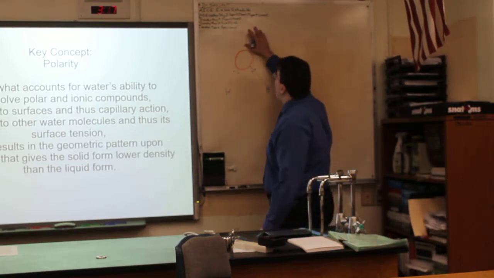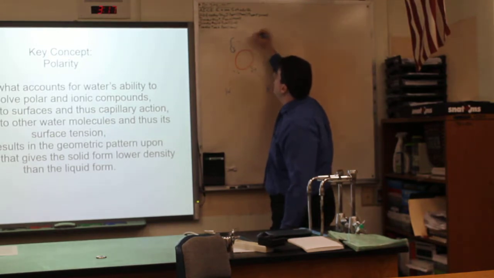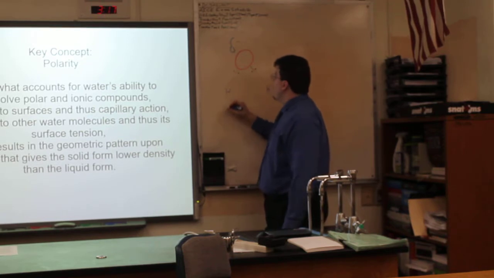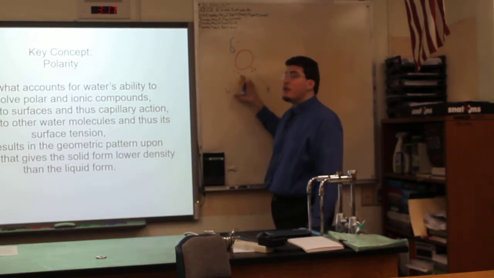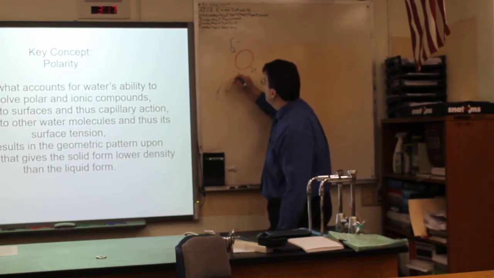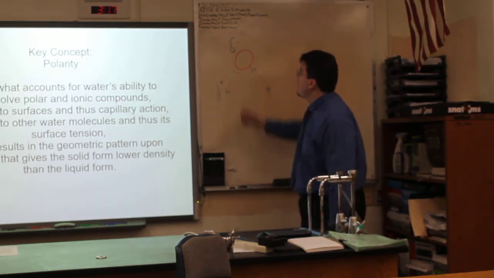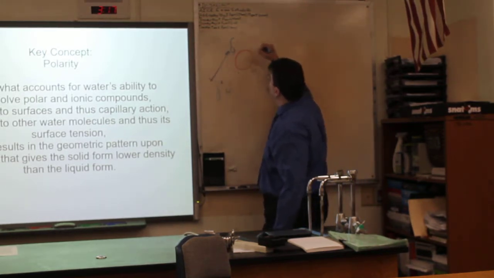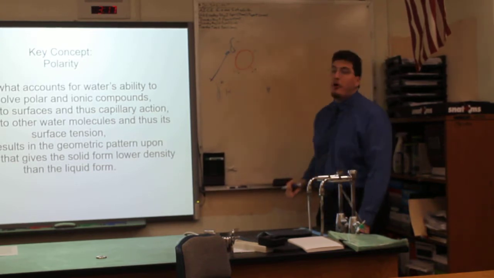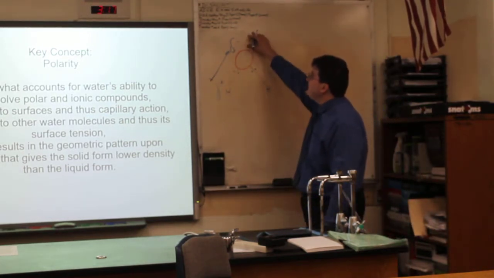This gives the oxygen an overall negative charge, delta negative. And because of that, the orbital cloud is pulled away from the proton that is the hydrogen, and we have an overall positive charge, delta positive. We can represent this with an arrow diagram like so, showing the overall dipole moment. So we have positive charge in the hydrogens and negative charge in the oxygen.